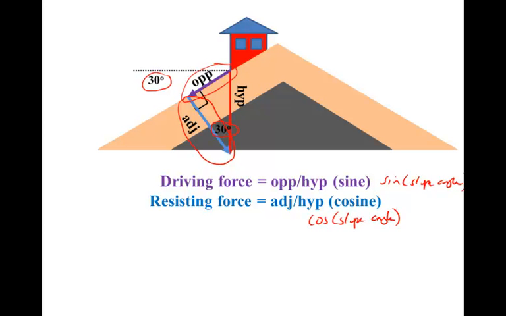Because sine is opposite over hypotenuse and cosine is adjacent over hypotenuse, that makes the driving force parallel to the slope a function of the sine of the slope angle, and the resisting component normal to the slope is a function of the cosine of the slope angle.